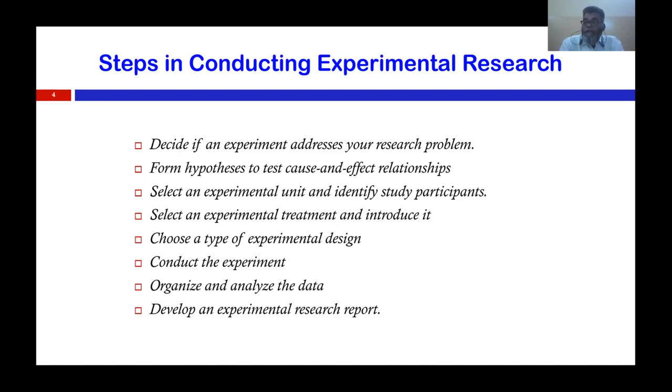Third one, select an experimental unit and identify the study participants. So, on whom can we conduct these experiments? Just imagine, as I mentioned already in the previous lectures, if you are going to find the quality of education in a classroom, not for the whole university.